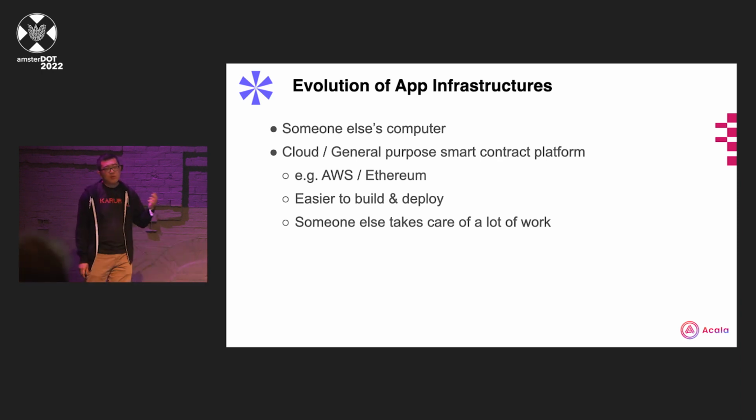It's pretty easy to build and deploy. They're super good and nice. The cloud service providers take care of a lot of work, so the developers don't need to worry about it. Similarly, for Web 3 applications, we have smart contract platforms such as Ethereum.